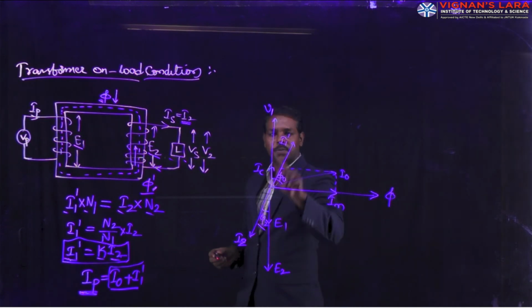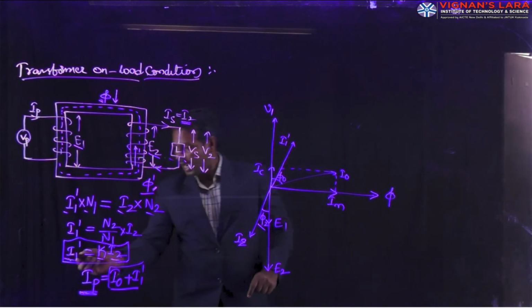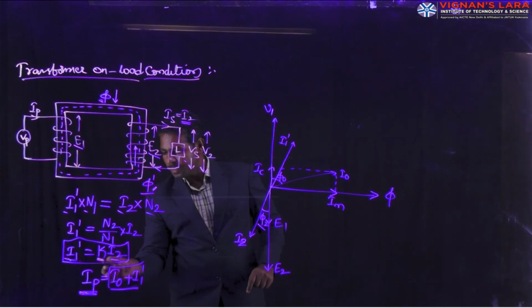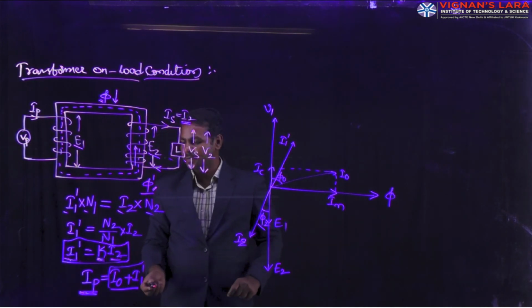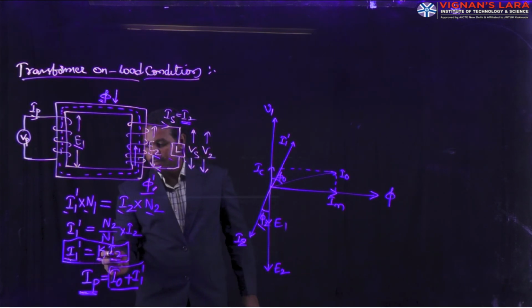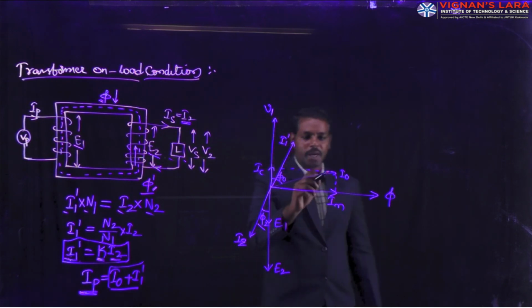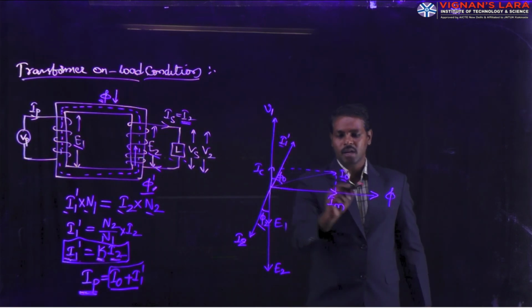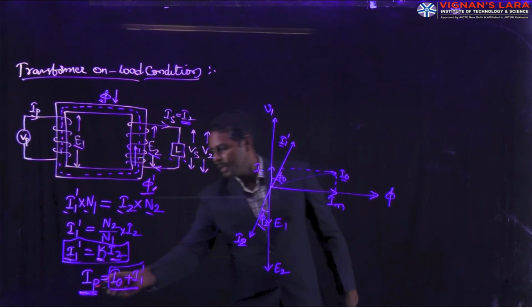Why do we represent them in opposite directions? Because I1 dash is always equal to K times I2, where K is the transformation ratio, which is constant. In magnitudes, these two components are equal. By resolving I1 dash and I0, we get the primary current.